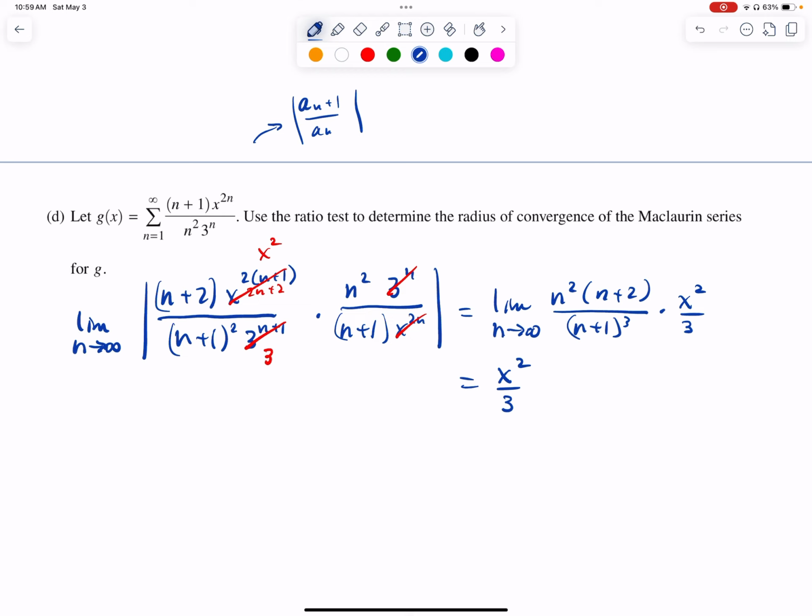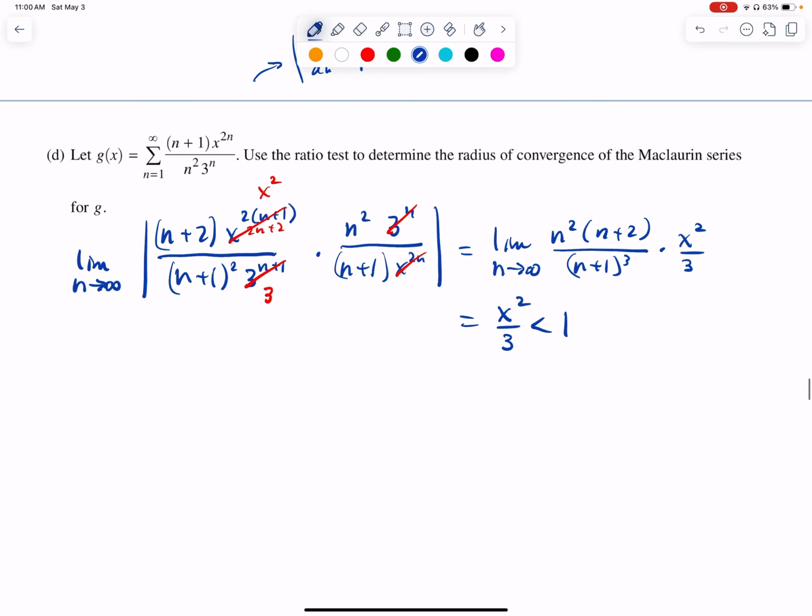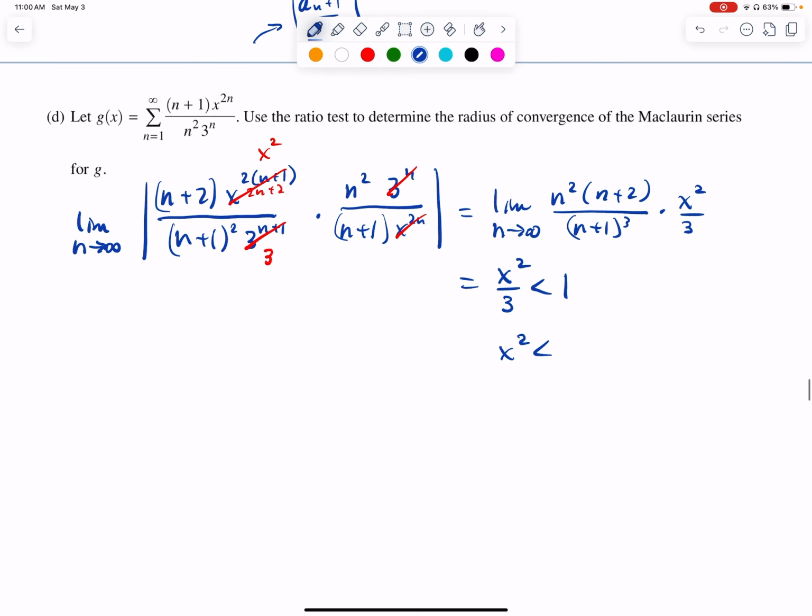Okay, well, I caught the mistake. Shoo! All right, that has got to be less than 1. Multiply the 3 over, and we just found ourselves the radius of convergence, I think. Because this is x squared, we still have to take the square root.